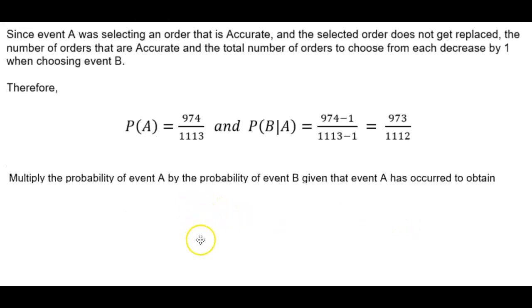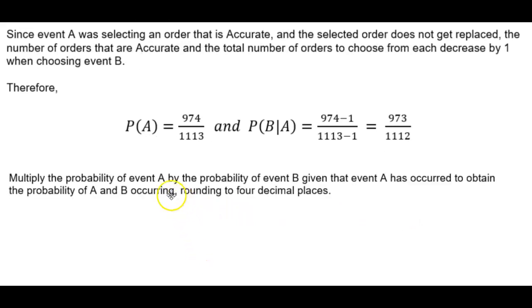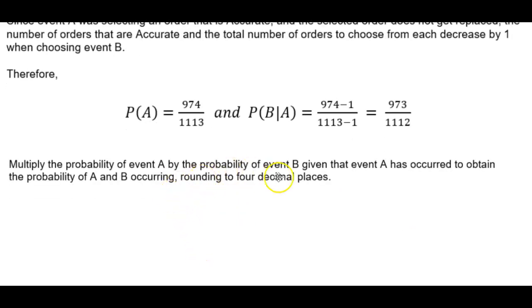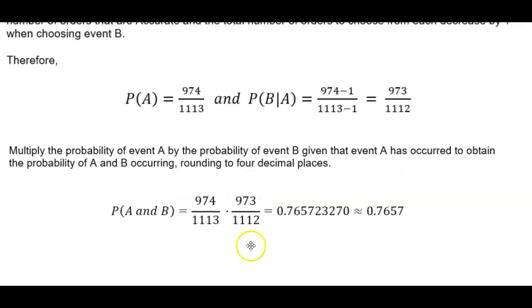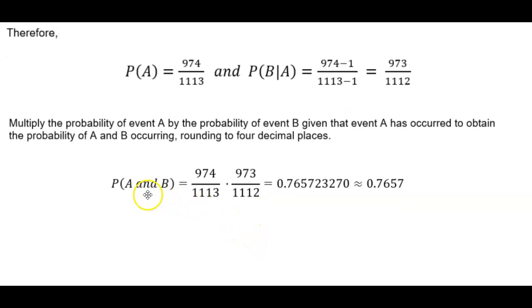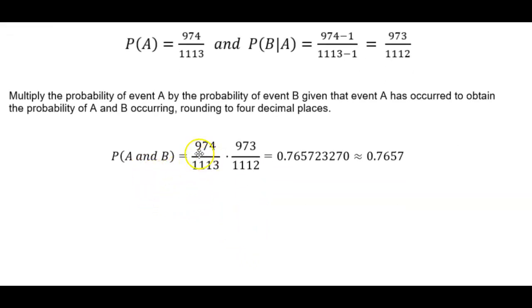So now what we're going to do is multiply the probability of event A by the probability of event B, given that event A has occurred, to obtain the probability of A and B occurring, and then rounding it to 4 decimal places. So here is our result. The probability of A and B is 974 divided by 1,113 times 973 divided by 1,112.